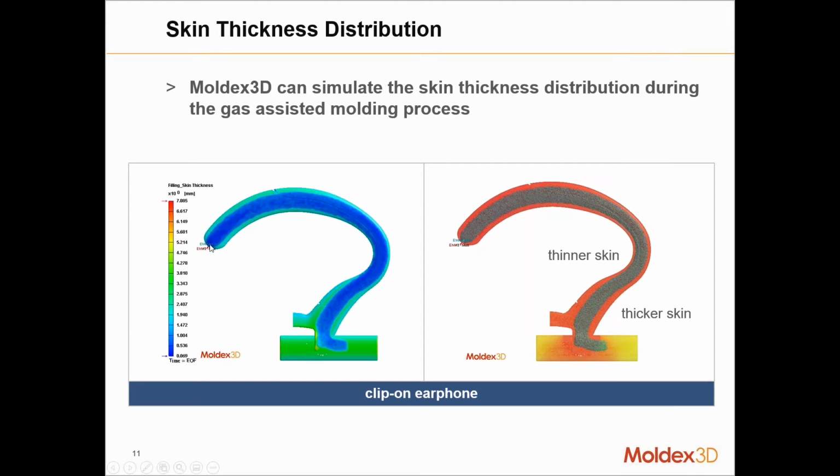Similarly, we can predict how thick that core is going to be, how much of the air is going to take up the thickness of our part, and as a result, we'll be able to determine what the final part thickness is in that region. That can be very important from a structural standpoint.